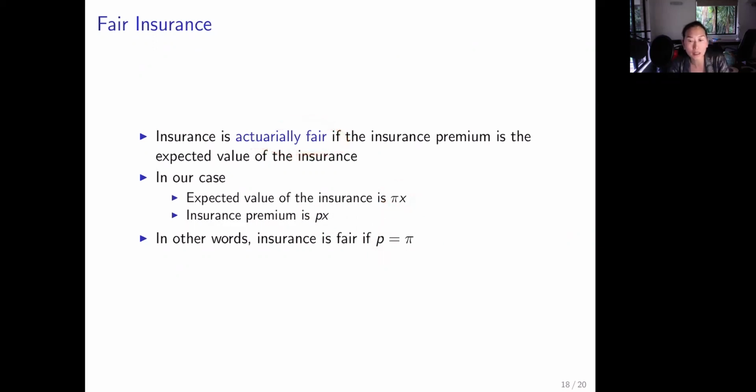You can think about it: pi is the probability that the accident occurs, where P is the premium between 0 and 1. So if the price is equal to the probability that the accident occurs, then you think this is a fair insurance premium.